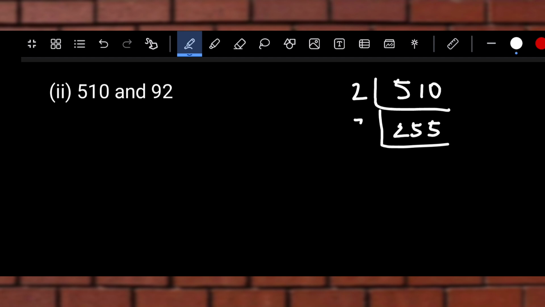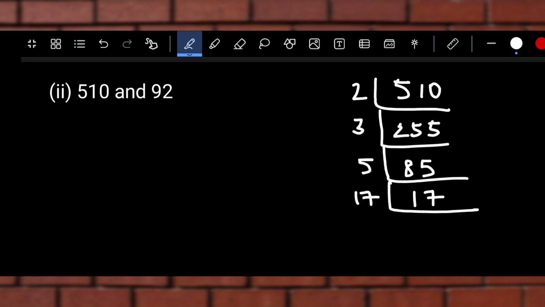When I divide it, I get 85. 85 is not divisible by 3. It is divisible by 5 because the unit place number is 5. So when I divide it by 5, I get 17. 17 is a prime number. So I'll write 510 is equal to 2 into 3 into 5 into 17.